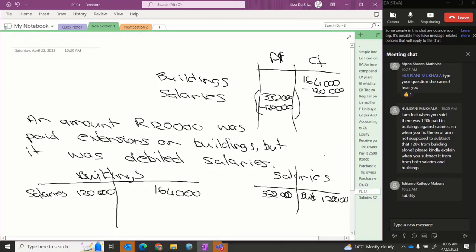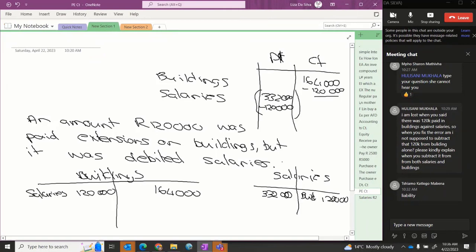Oh, here it is. Okay, just to go back to your question. So I give you the trial balance where you have a credit balance on buildings, which is wrong in the first place, because buildings is an asset and it must have a debit balance. And then the salary balance is 332,000. By closer inspection, they saw that the bookkeeper did the following wrong.